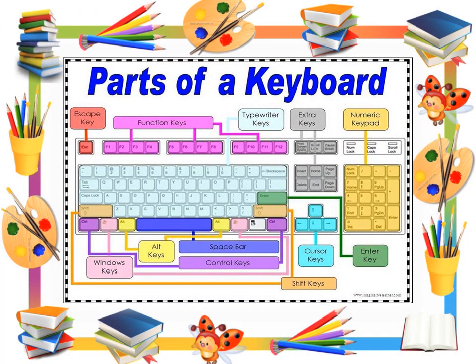Now on your screen you can see some colorful parts. It is a big keyboard and there are different keys. We will start from the left hand side top. The red key is called the escape key. And these purple ones next to it are called the function keys.